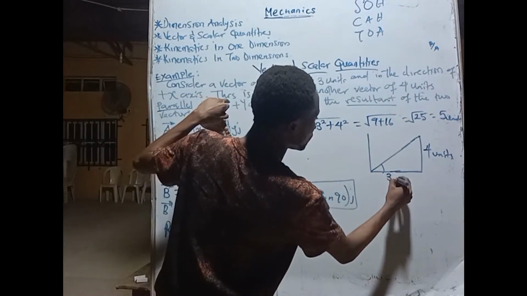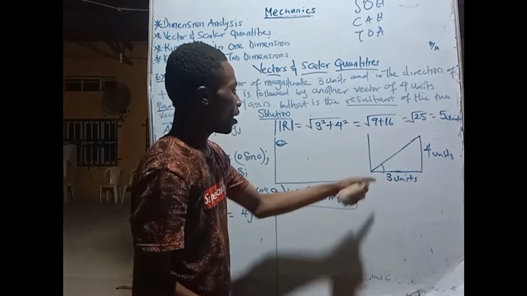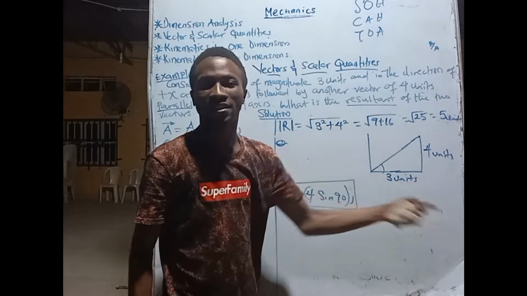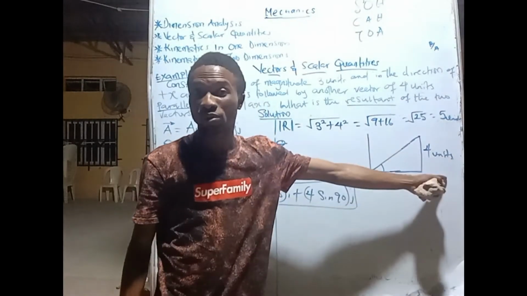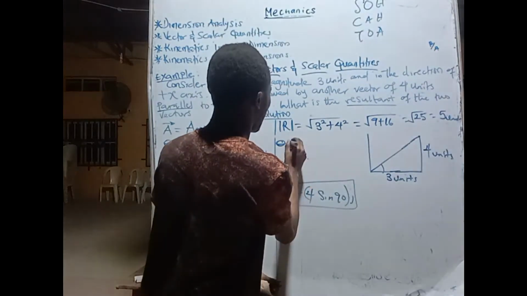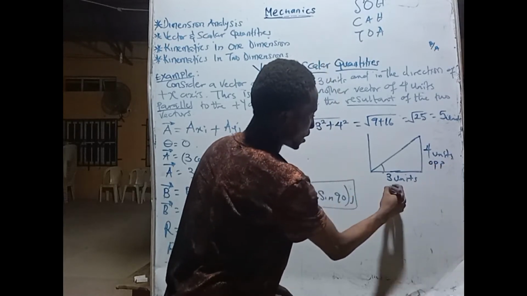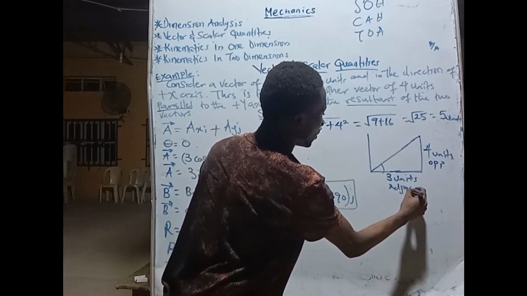So this is 3 units. Remember from SOHCAHTOA that the side facing the angle is called the opposite, and the other side is the adjacent. This is the opposite side that we're talking about, and this is the adjacent side.